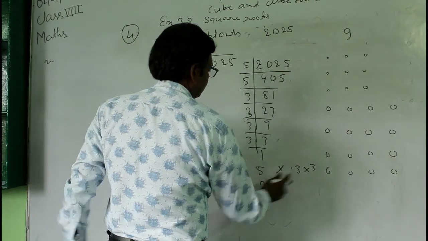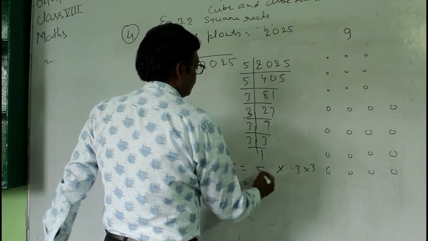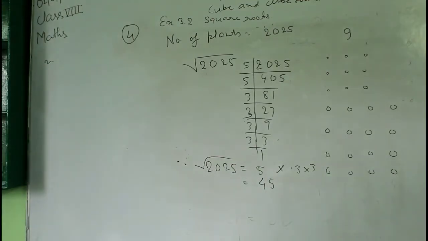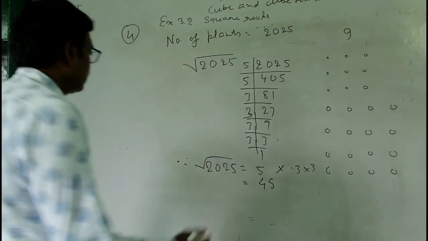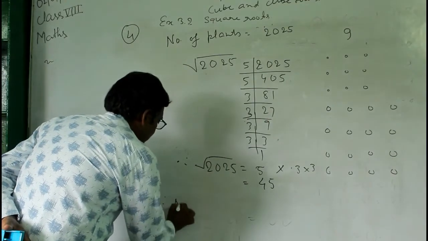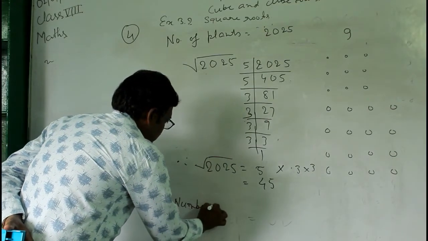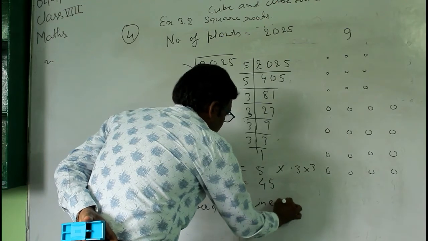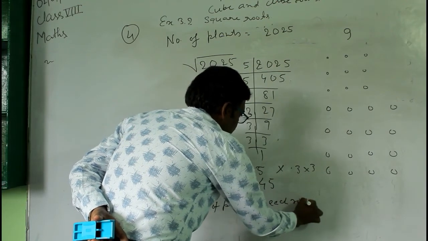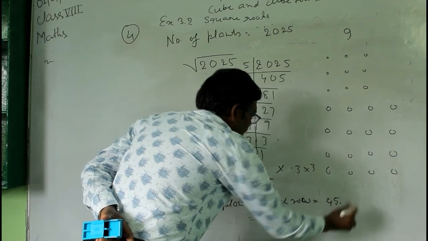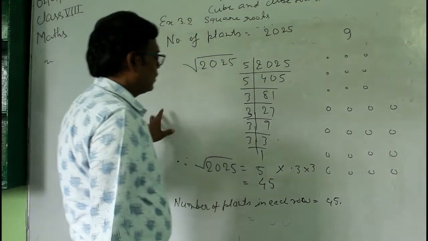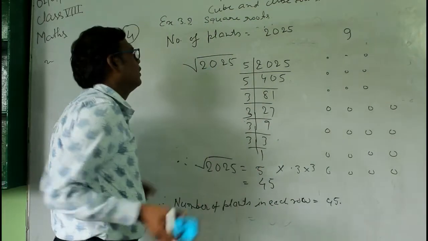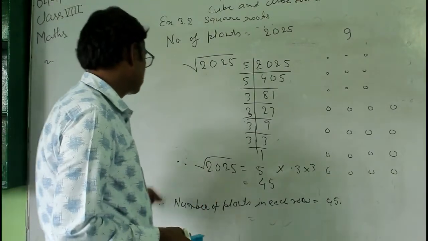So the answer is not this. 5 times 9 is 45, that is 45. So in this question, therefore the number of plants in each row is equal to 45. That is, if the farmer has planted 45 plants in each row, then he will make a square of the plants. So this is the answer.